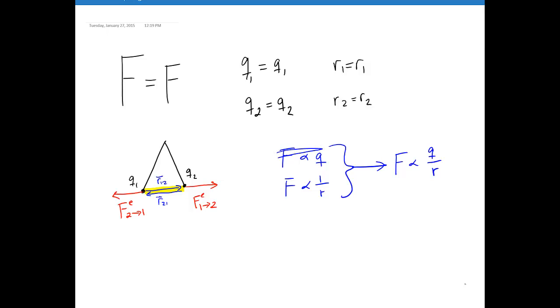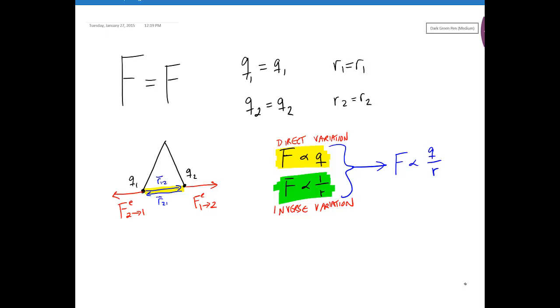So here we have our direct variation, or proportionality, and in this case we have an inverse variation.